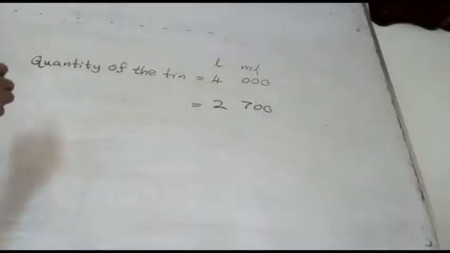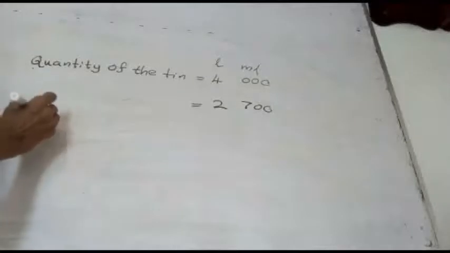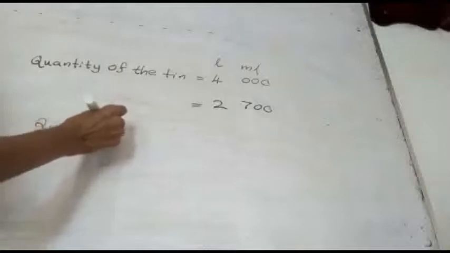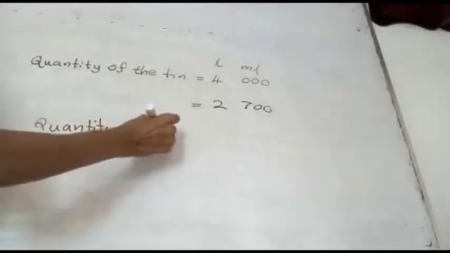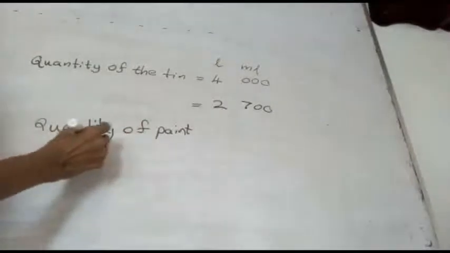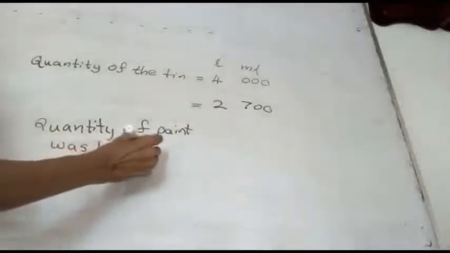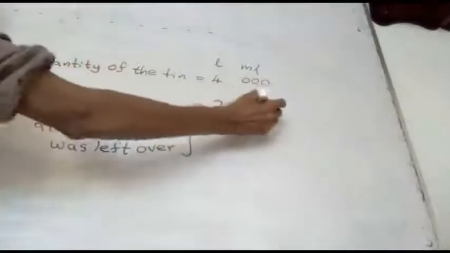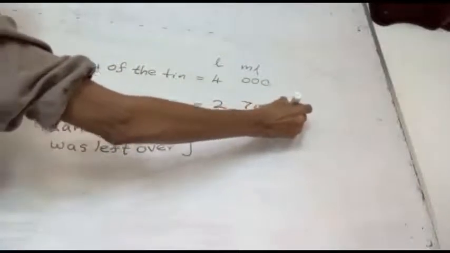Quantity of paint that was left over is equal to 4 liters minus 2 liters and 700 milliliters.